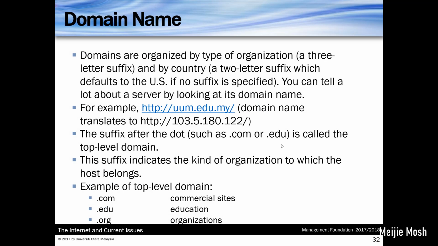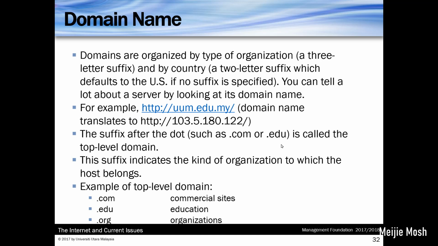So domains are organized by type of organization, which is a three-letter suffix, or nowadays it's more than three. Can be a lot more. And also by country, which is a two-letter suffix, which defaults to the US if no suffix is specified.